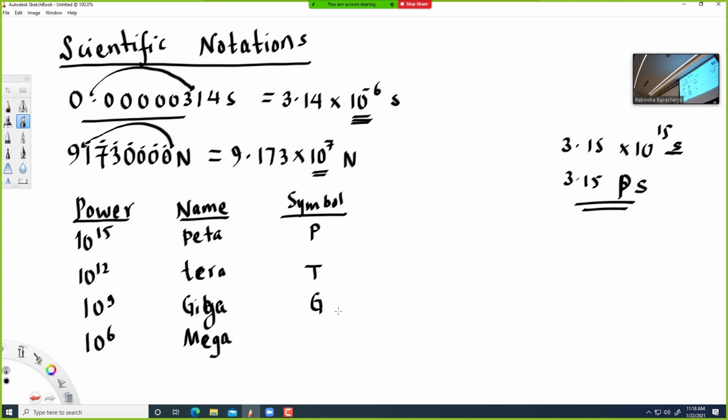Like in a radio station, you have megahertz, that's 10 to 6 hertz. So that's capital M.